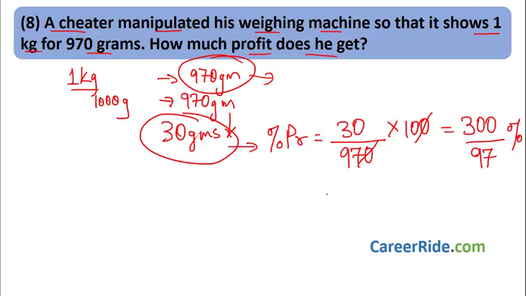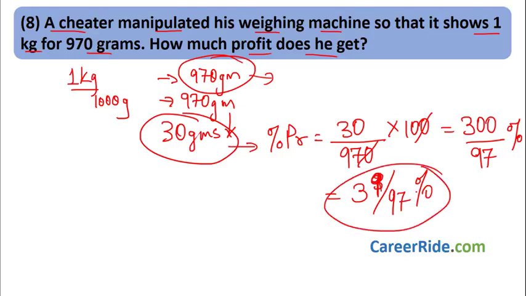This is the profit percentage. You can even have 97 into 3 is 291, so you will have 9 over here, 9 divided by 97, this much percentage. This is 3 and 9 by 97%. This much is the profit the cheater gets.